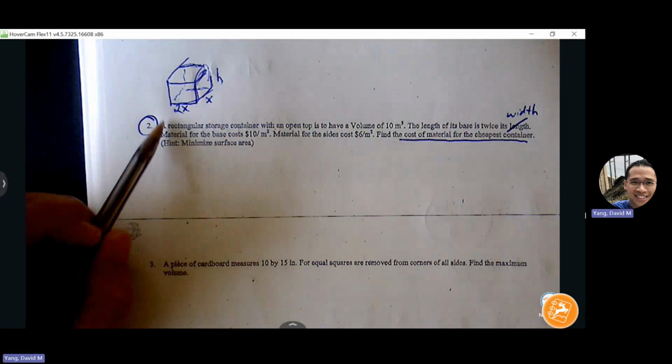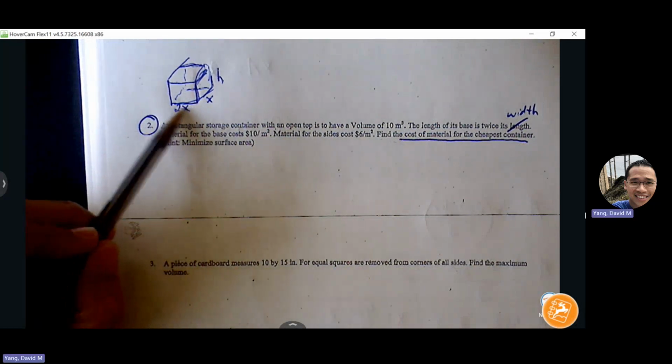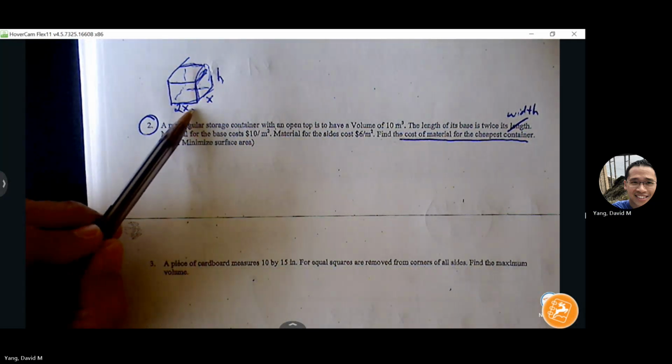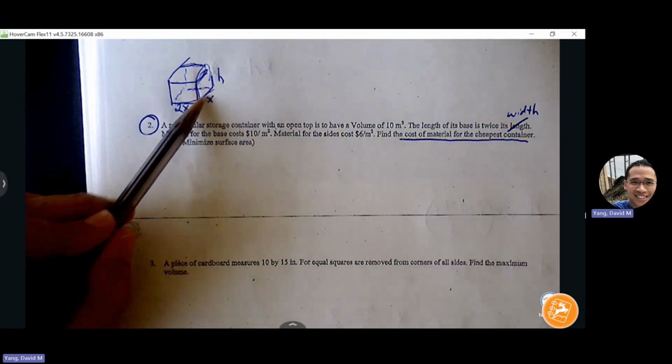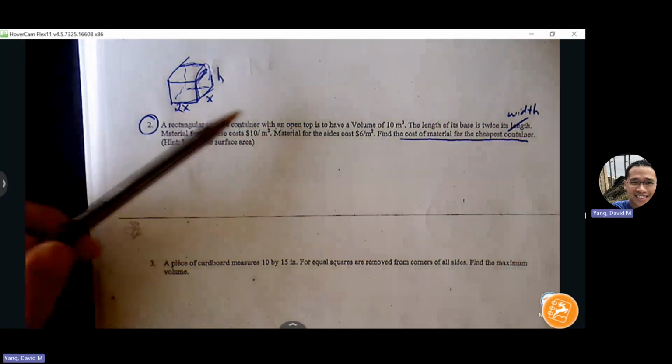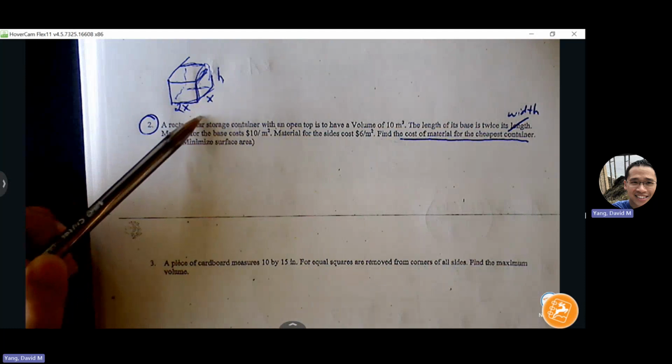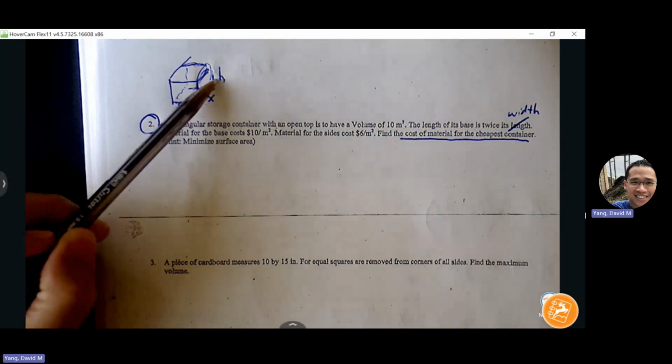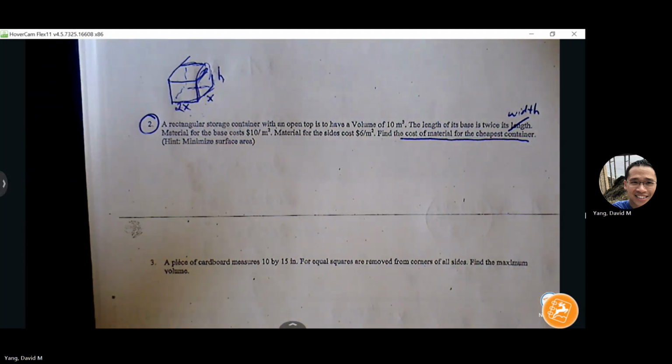I know that the length of my base is twice its width, so I know that my base is going to be 2x and x, right? I know that's going to be the relationship. There's no relationship with the height, so I know it's going to be some unknown variable in relation to x. There's no connection between the base and the height, so I'm going to use a different variable for that.